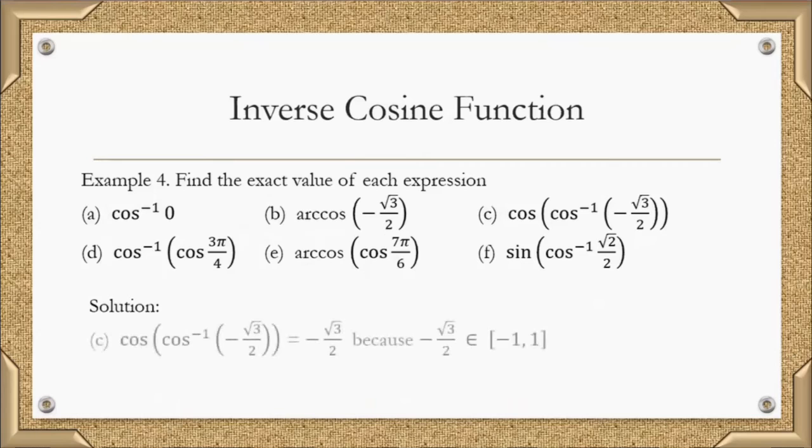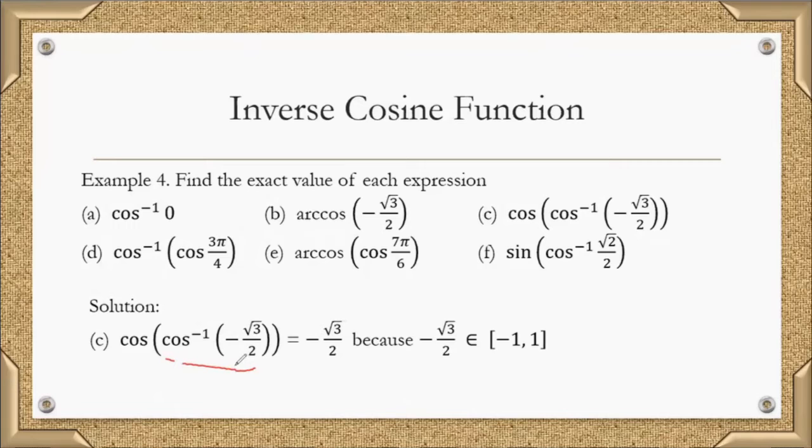Next. Letter C. Cosine of inverse cosine negative square root of 3 over 2. Siyempre, ang value natin ay negative square root of 3 over 2, kasi babalik lang naman yun. Pag kinuha mo ang value nito, magiging value nitong nasa loob.